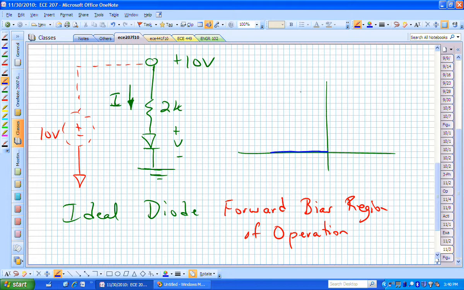So this is our current and this is our voltage curve. This would be an ideal diode, and if it gets positive in voltage, then it can support an unlimited current through that. That's ideal. Obviously, a practical diode cannot support an unlimited amount of current, and it also requires a certain amount of voltage across it to bias it to make it turn on.